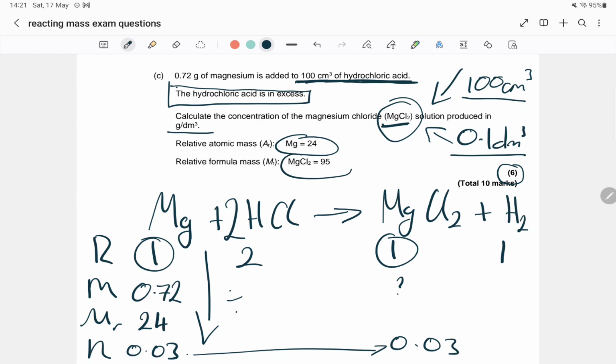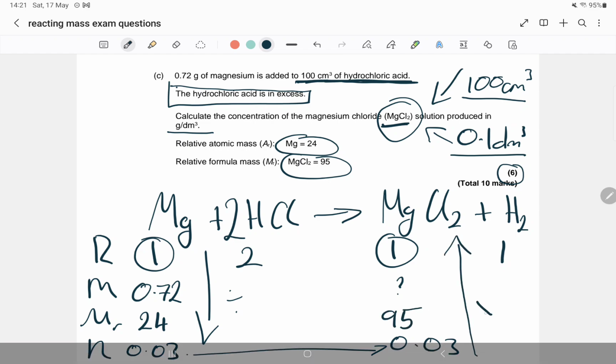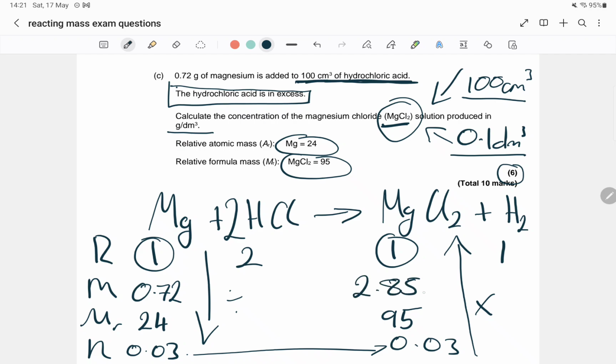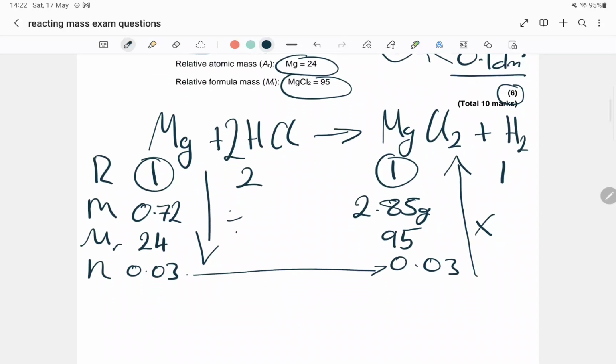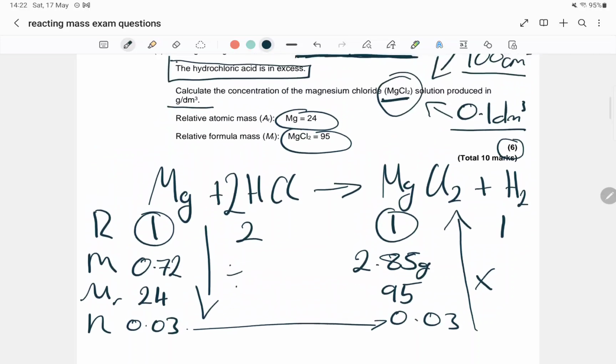They've given me my MR of magnesium chloride as 95. As I go up my table, I'm going to times. So I'm going to do 0.03 times 95, which is 2.85 grams. We're still not done. There's still a little bit more to do to this question because they want concentration.